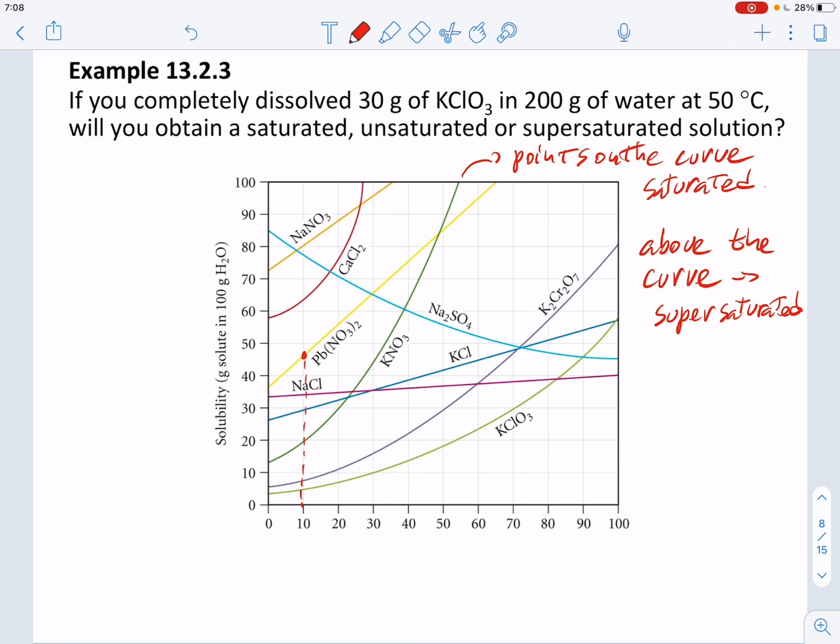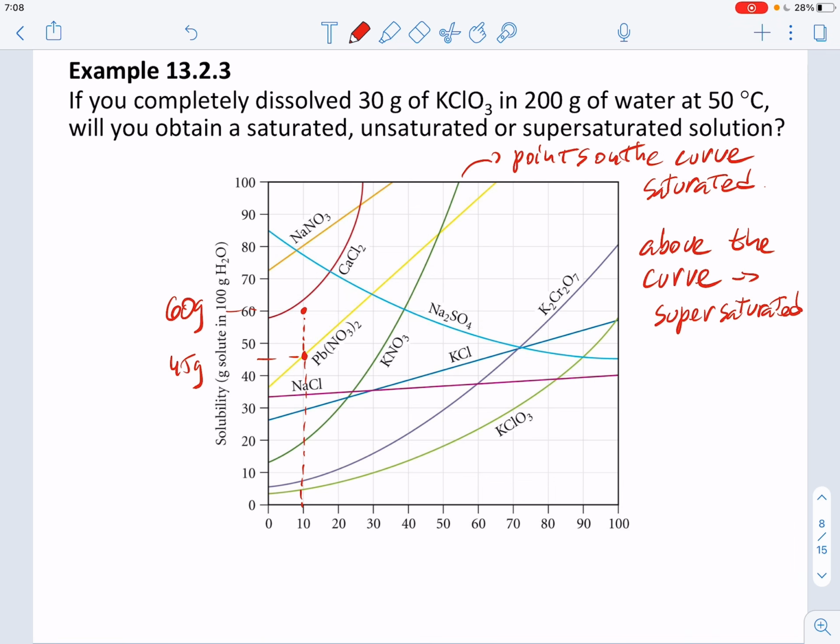The solubility here tells you that at 10 degrees you should dissolve about maybe 45 grams of lead nitrate. Okay, but if you continue going up and you go all the way here, 60 grams. If you have 60 grams of lead nitrate dissolving in 100 grams of water at 10 degrees, then you have more than what the solubility tells you, and that is supersaturated.